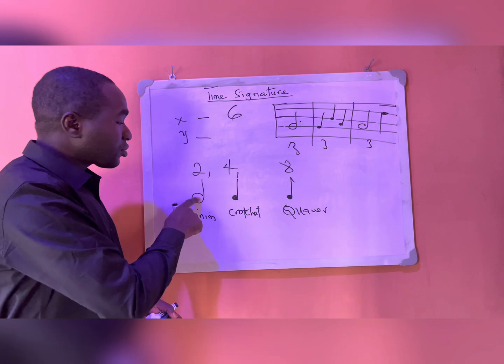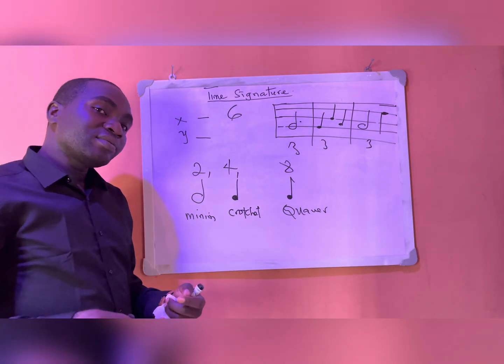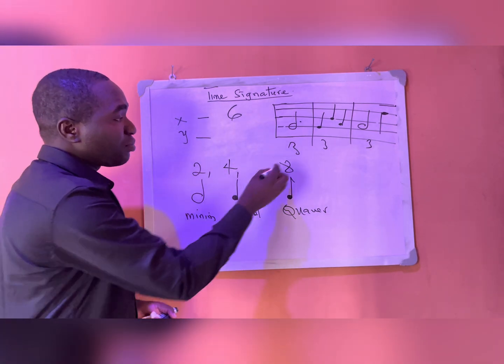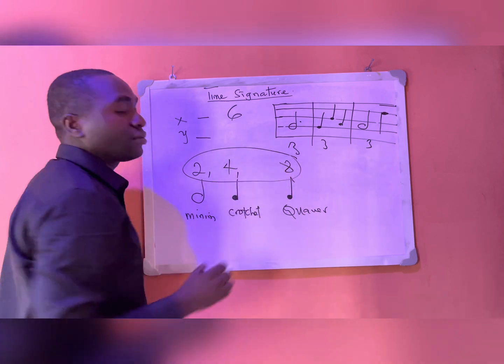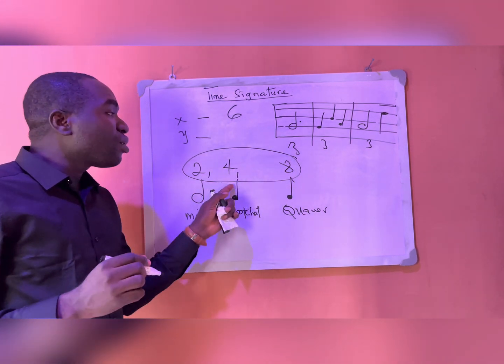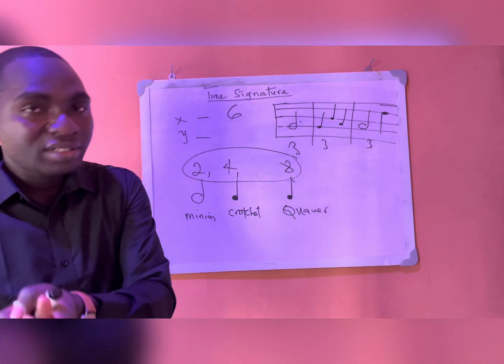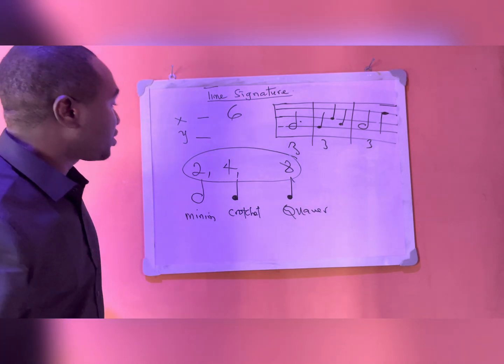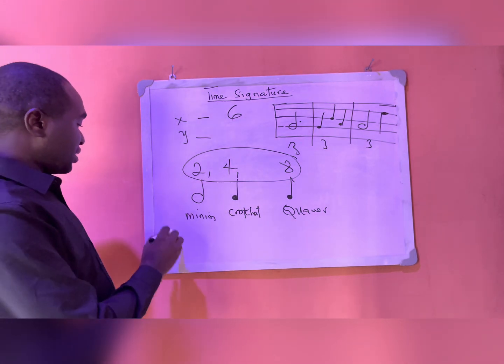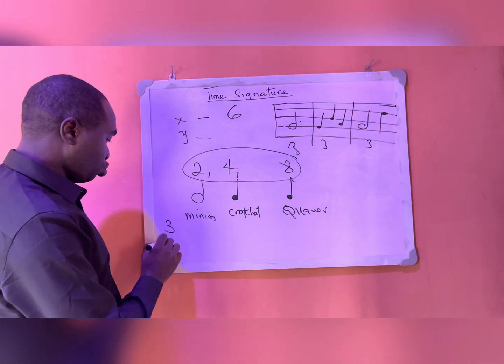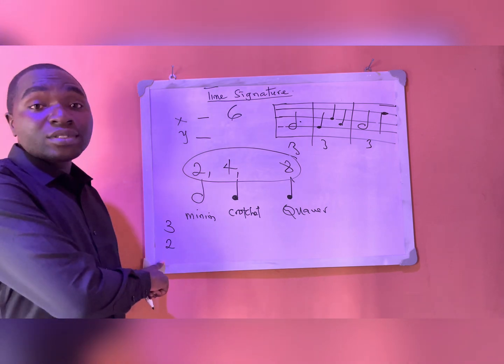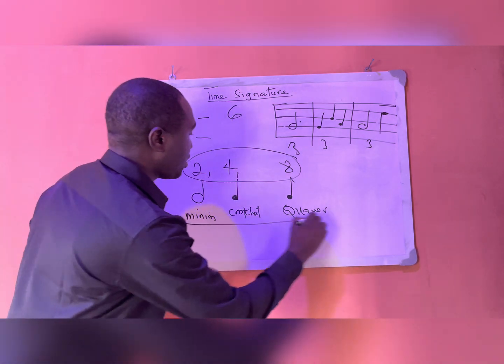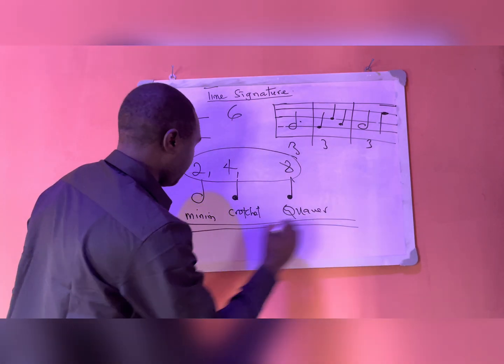Number two, that note that is chosen, which can be any of these three, tells us which note takes 1 beat. Now let's go for an instance. If you see something like this, 3 2, as a time signature in a piece of music, let me draw a star here.